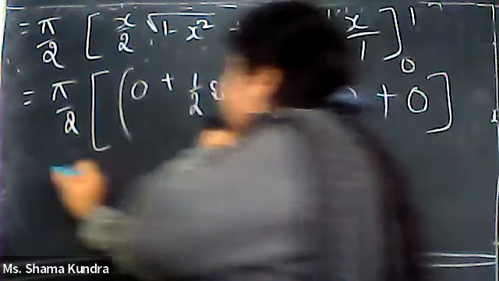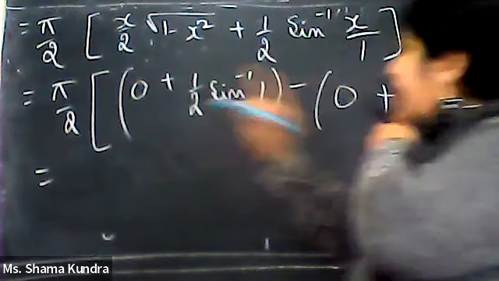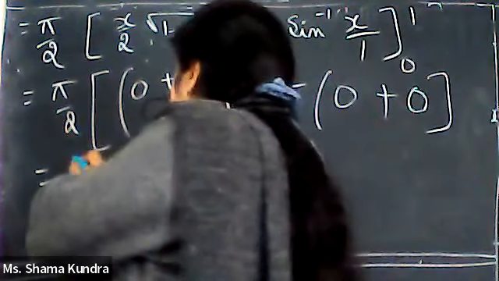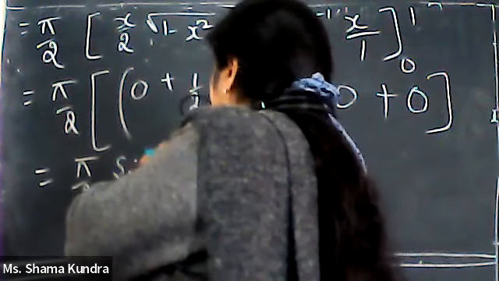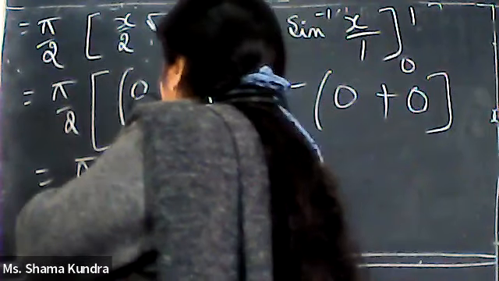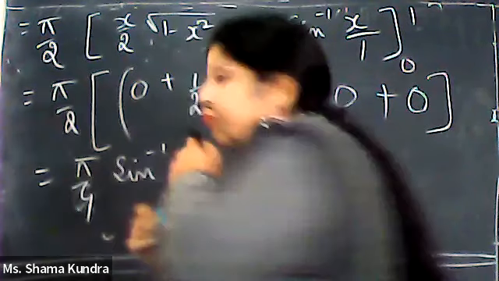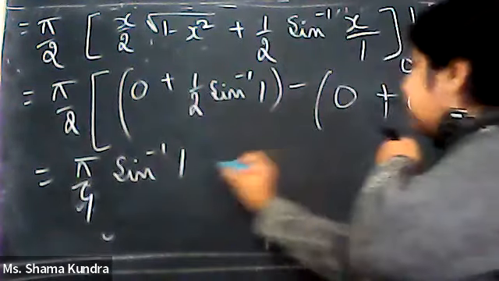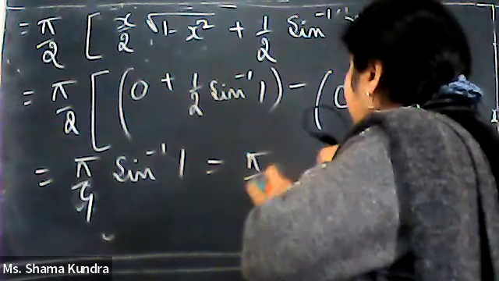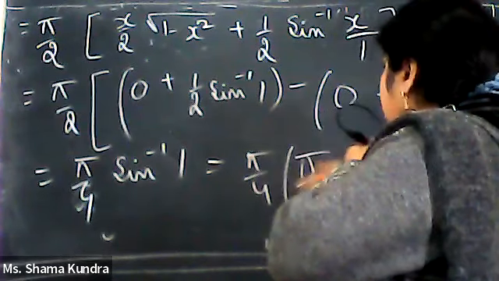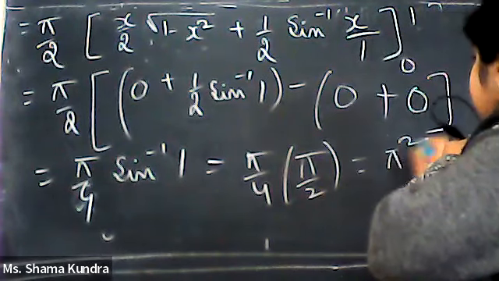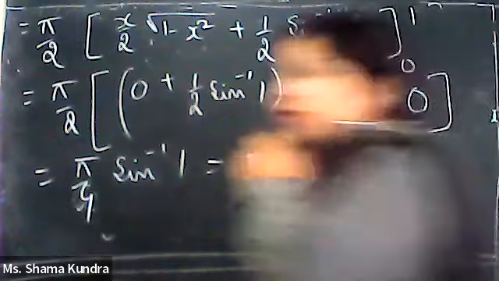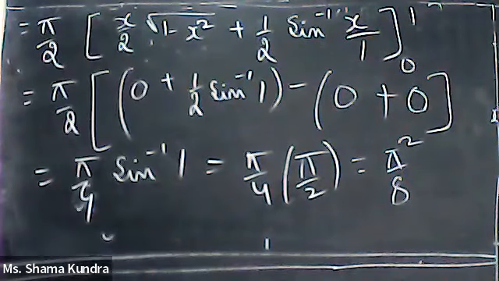So pi by 2 times 1 by 2 will become pi by 4 and sine inverse 1. We know the value of sine inverse 1, it is pi by 2. So the answer comes out to be pi square by 8, which is the required answer.